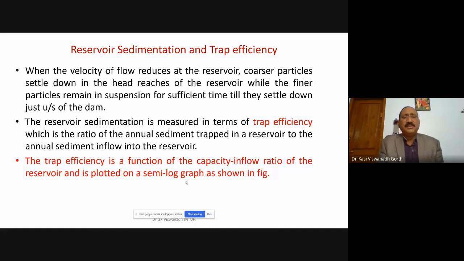The reservoir sedimentation is measured in terms of trap efficiency, which is the ratio of annual sediment trapped in the reservoir to the annual sediment inflow into the reservoir, as we already said. The trap efficiency is a function of the capacity inflow ratio of the reservoir and is plotted on a semi-log graph sheet, so you'll be getting an envelope curve.